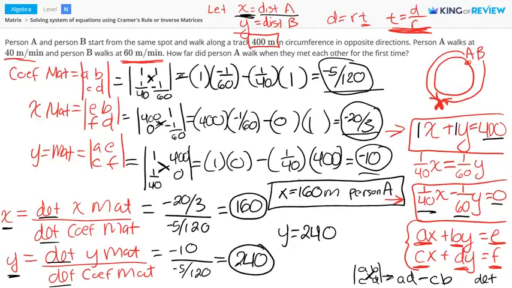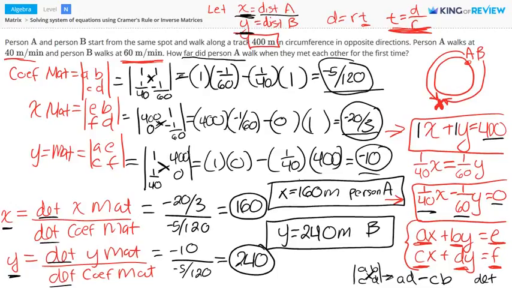And what was y? Y was the distance person B walked. So 240 meters for person B. What did the problem ask for? How far did person A walk? Well, that's x. So 160 meters. And that's the final answer.